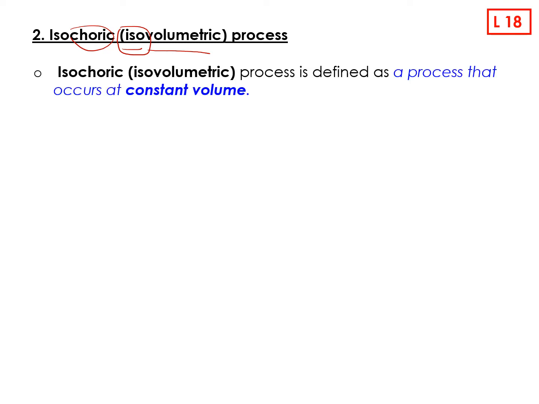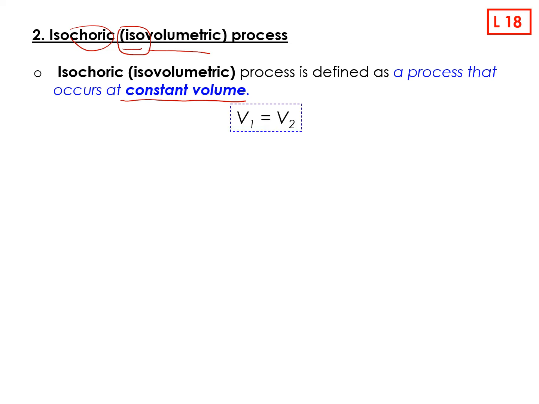Just now we already learned the meaning of iso, which means same, and volumetric stands for volume. So an isovolumetric process is defined as a process that occurs at constant volume. So the volume is constant and the same.